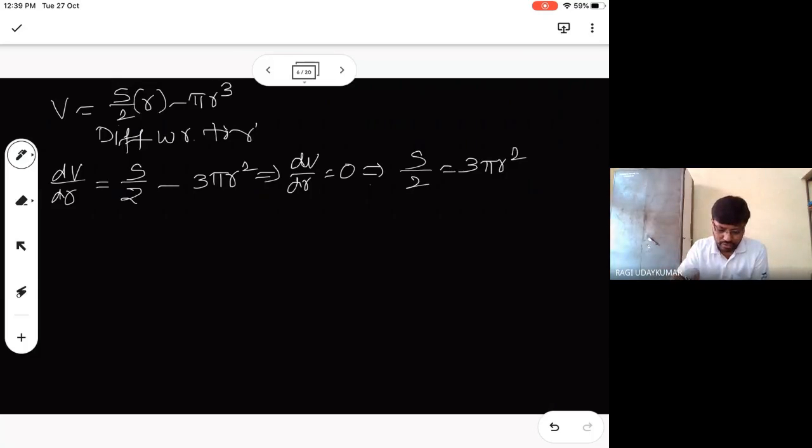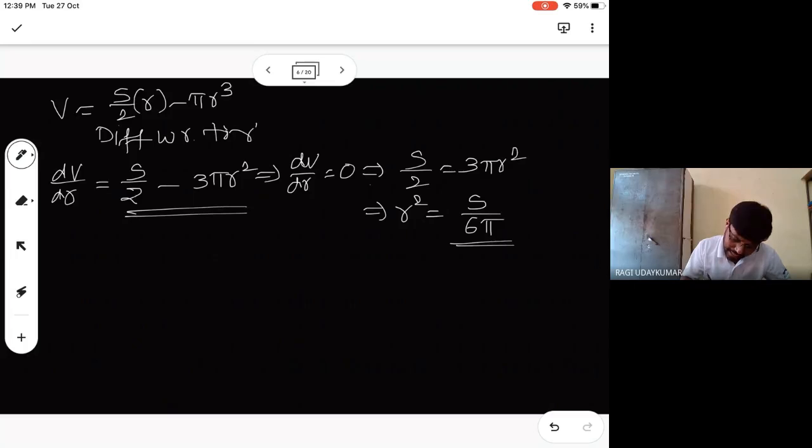So we have to find the r value. r square is equal to S by 6 pi. Now substitute this r square value, S by 6 pi, in the second derivative. Differentiate with respect to r again, d square V by dr square.